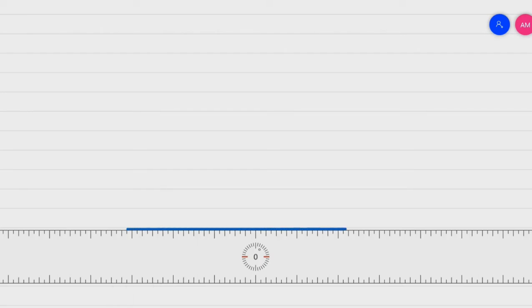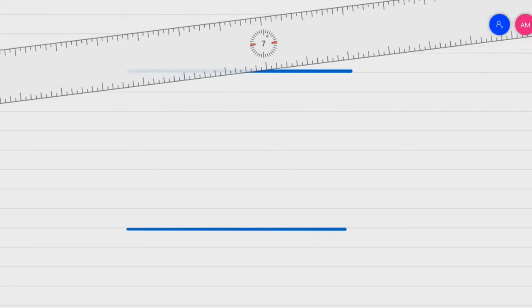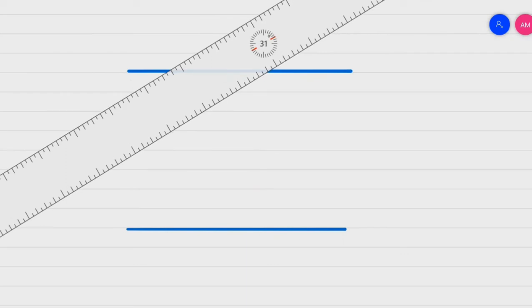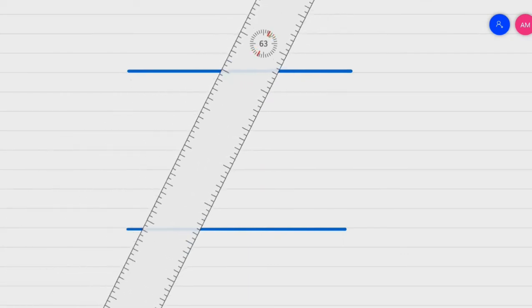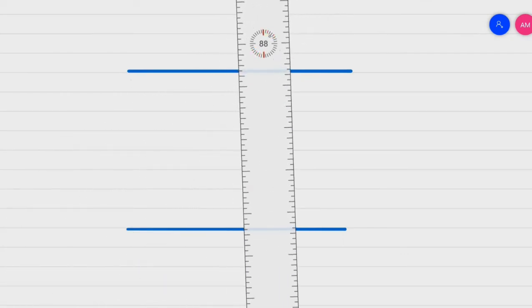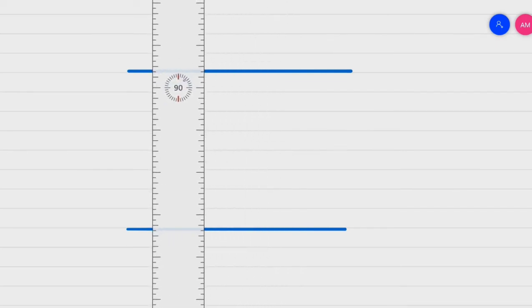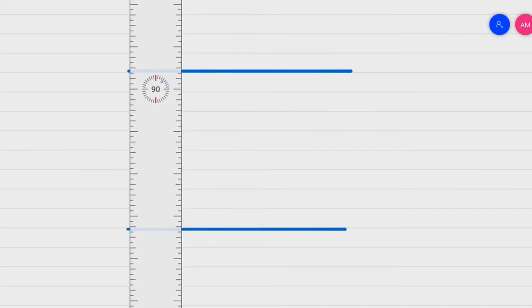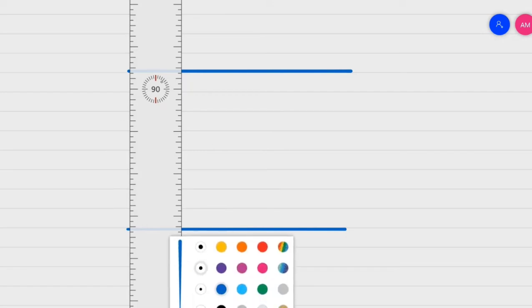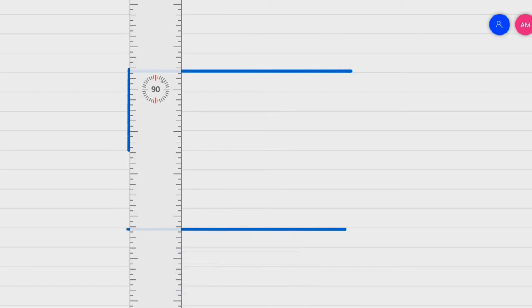Approximately, let us say that we are taking a square. Now this is our square.